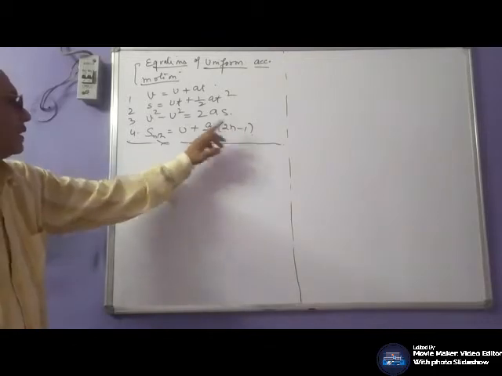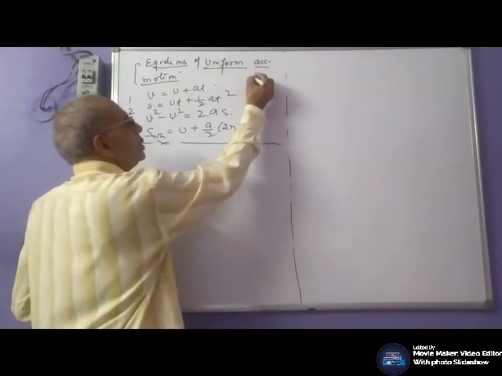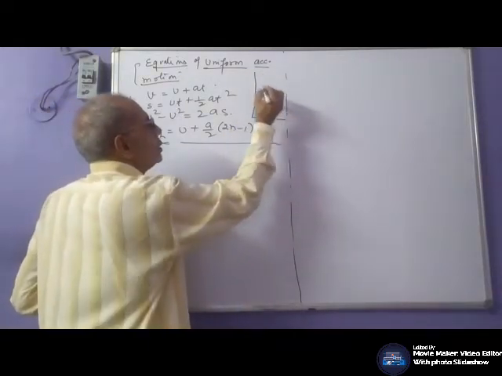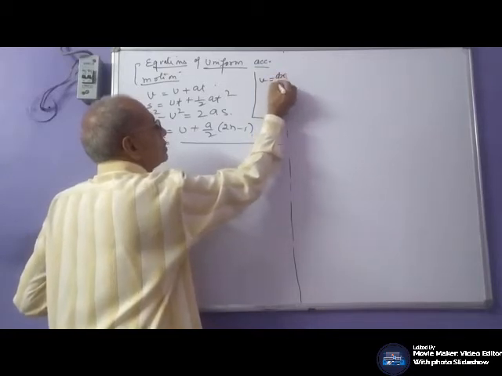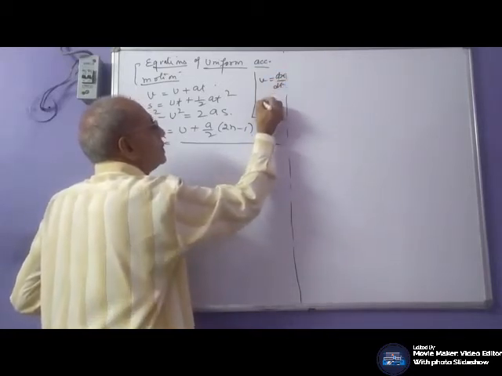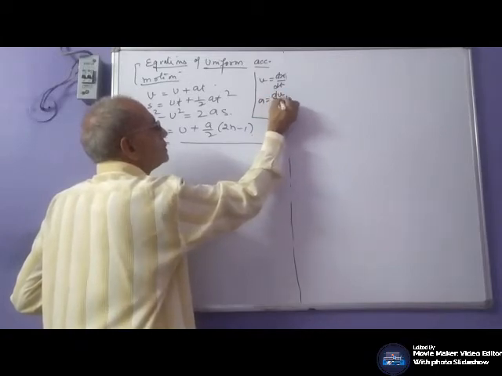So these are the equations of motion of uniform accelerated motion. We know these things: v = dx by dt, a = dv by dt.